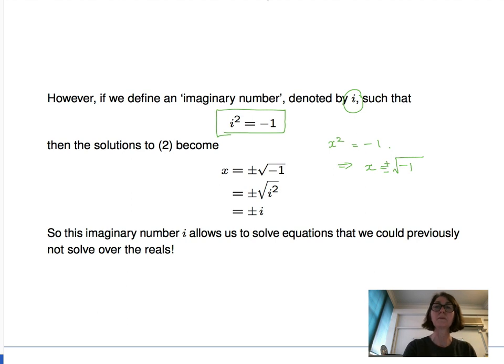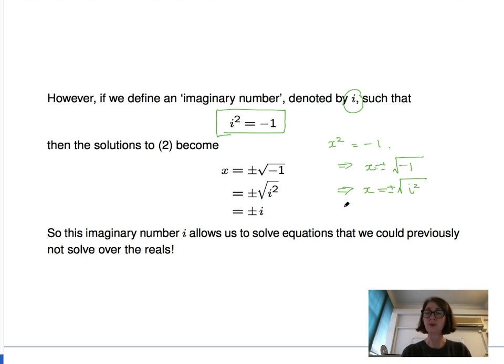Let me just write that a bit more clearly. And with this new thing that we've got called an imaginary number, we can then write x equals plus or minus the square root of i squared, because we said that i squared was equal to minus 1.